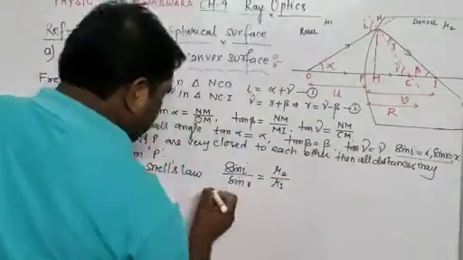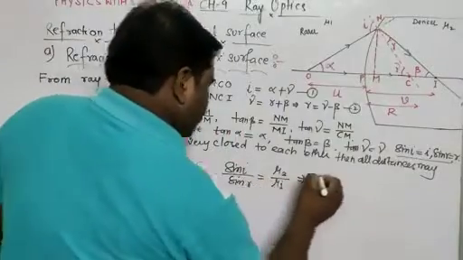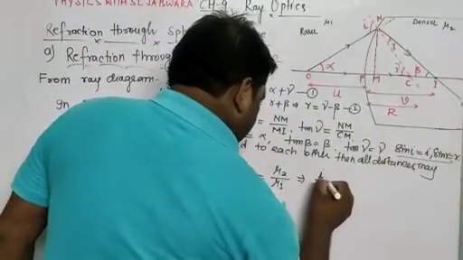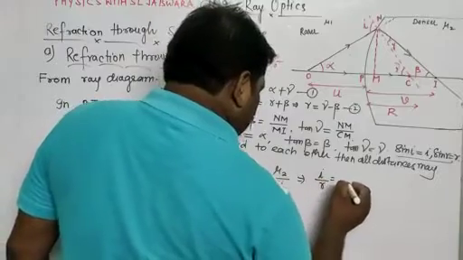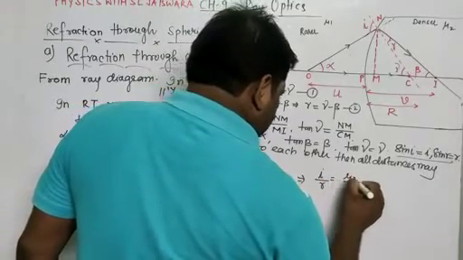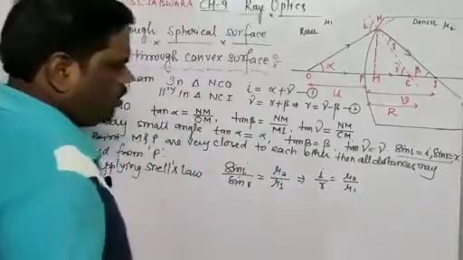As per our assumption, sin I can be written as I, sin R can be expressed as only R. So I upon R is equal to mu2 upon mu1.